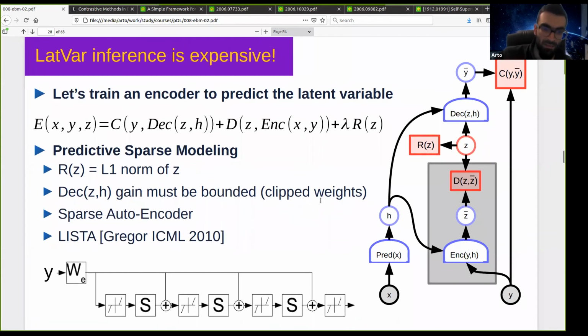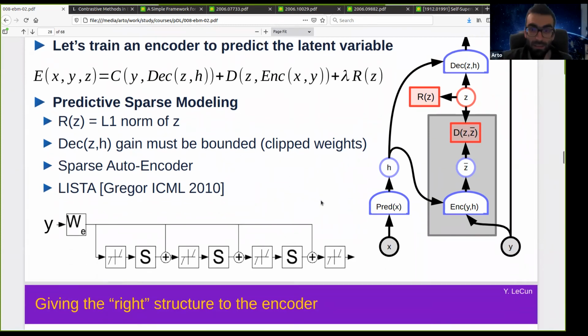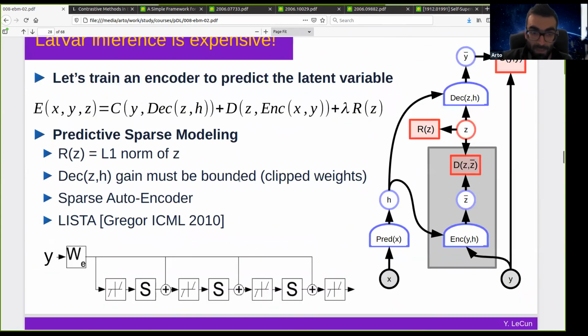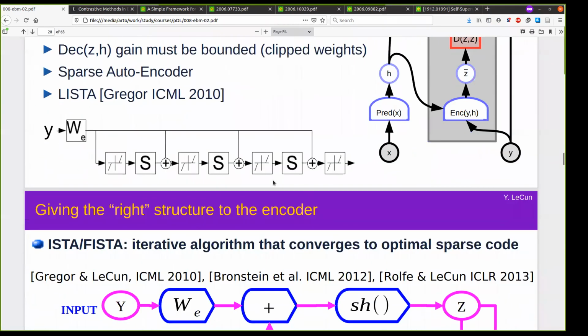ISTA here is an algorithm which allows us to solve this convex optimization problem. But it makes sampling, like inference using this predictive sparse model, costly.